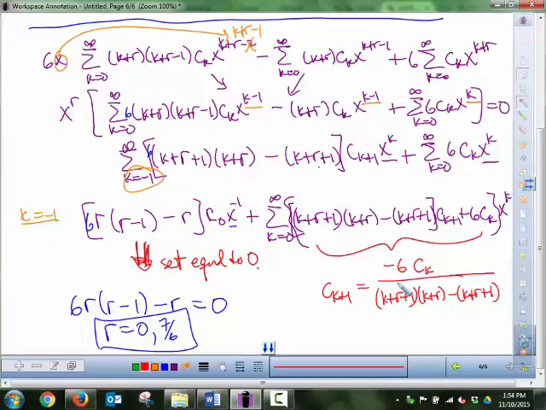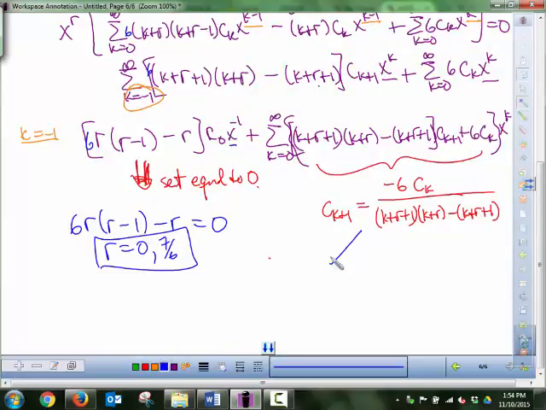So if you can keep everything steady and correct, if you're meticulous enough to keep everything correct up to here, once you get this far, you take this with r equal to 0, and then you immediately have that relationship, c sub k plus 1 is equal to minus 6 c sub k divided by, with r equal to 0, k plus 1 times k minus k plus 1.